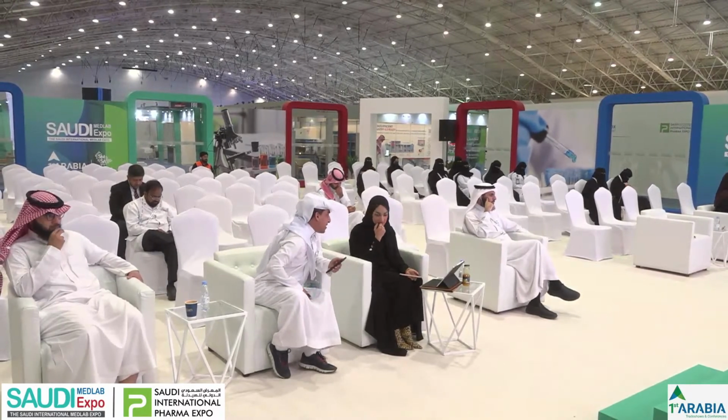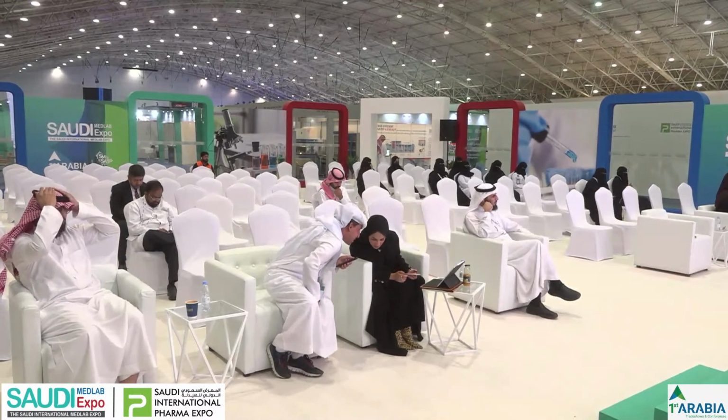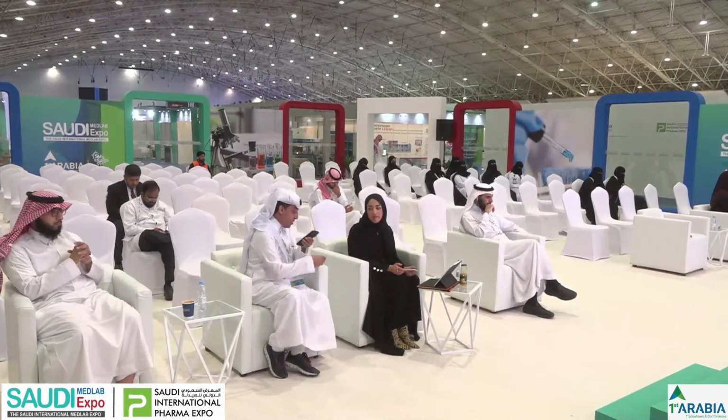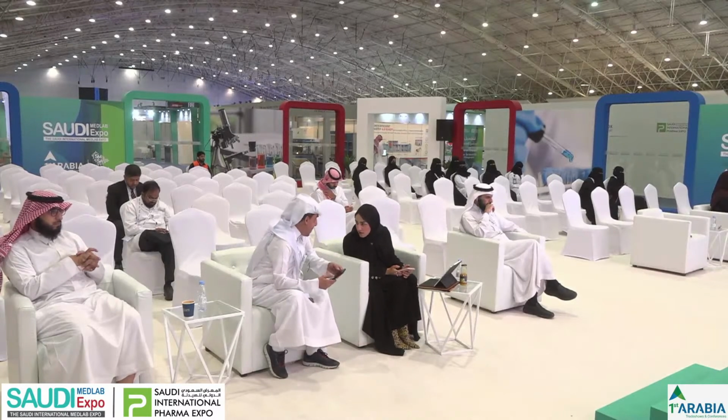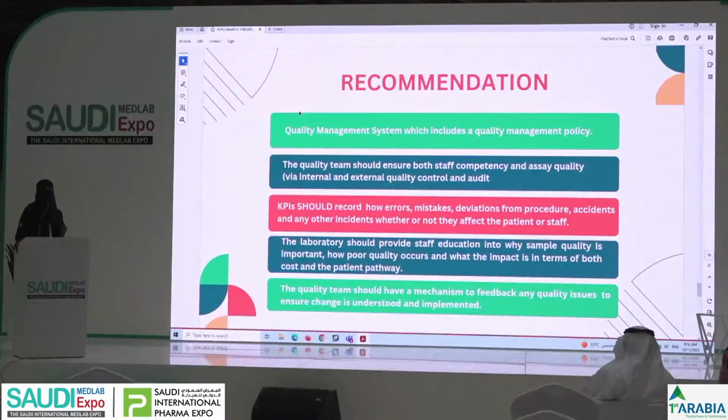If we have a new instrument, a new kit, or a new procedure or protocol to work on in the lab, the lab supervisor needs to provide an educational session for the laboratory staff to ensure they are qualified to perform this test, and that will save time. That will also save the samples, patients will not be wasted, and it provides the appropriate test result in appropriate time to diagnose the patient's disease.